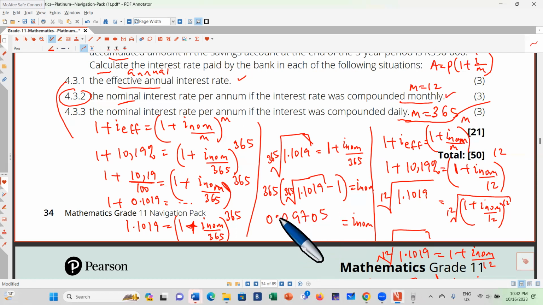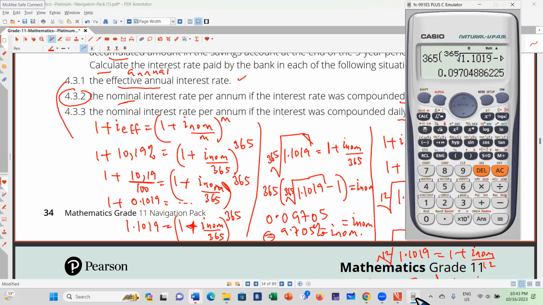Now you can just multiply it by 100, moving two places, which is equal to 9.705, the i nominal. So this therefore is the answer.